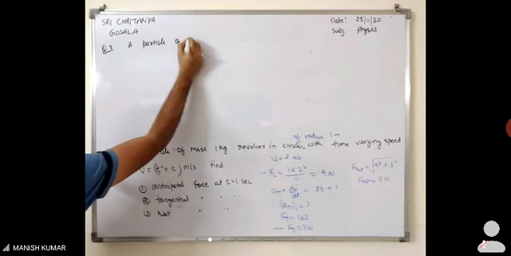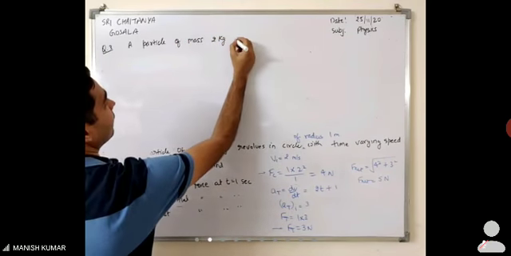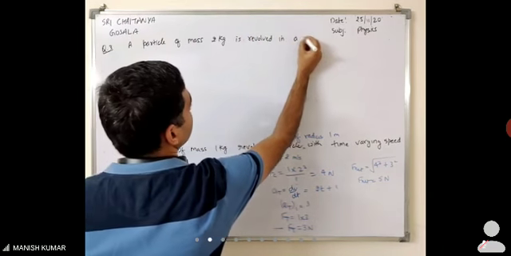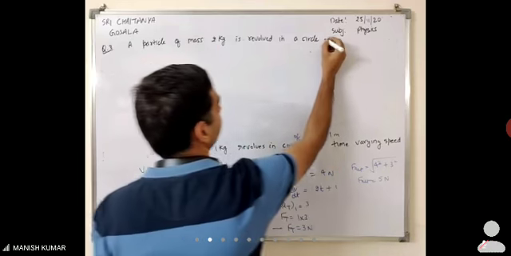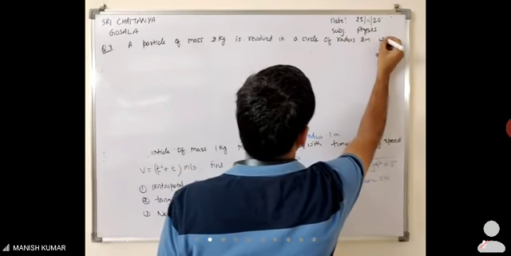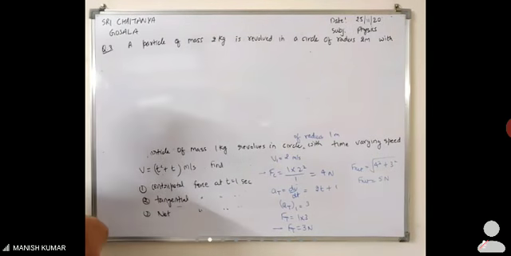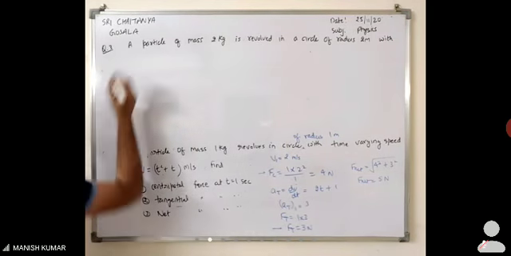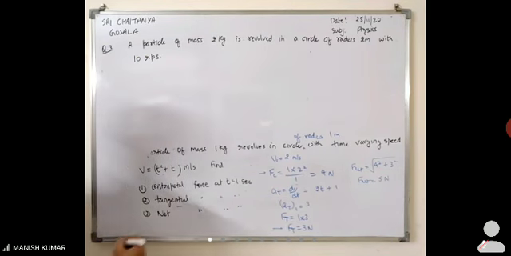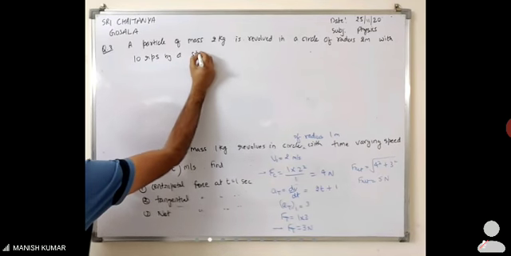A particle of mass revolved in a circle of 10 rpm by a string.